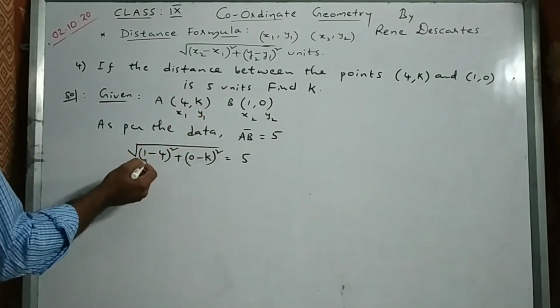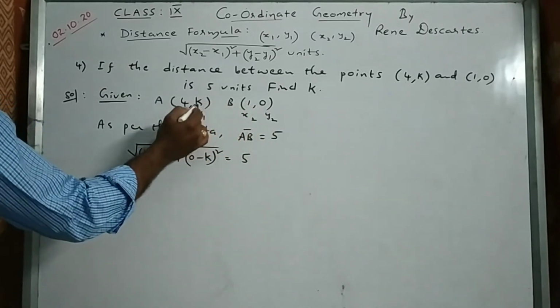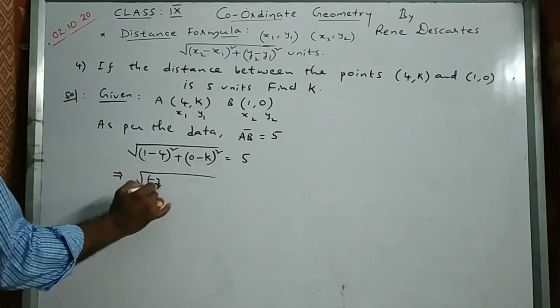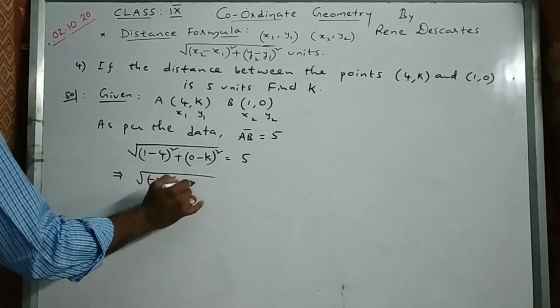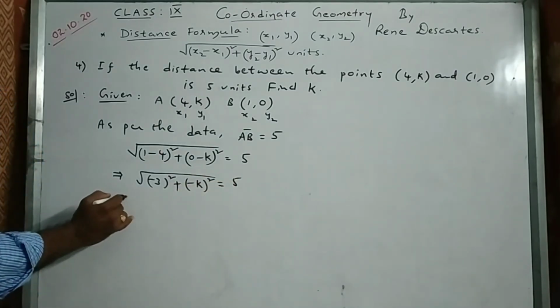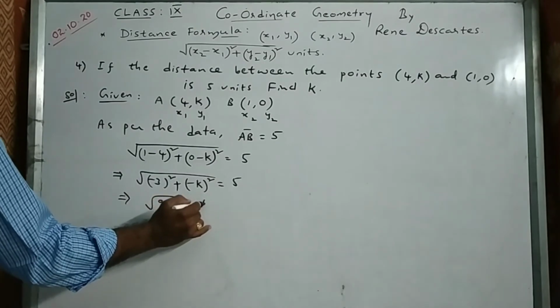Distance formula I applied here. Square root of minus 3 whole square plus minus k whole square equal to 5. So that means 9 plus k square, whole root, equal to 5.